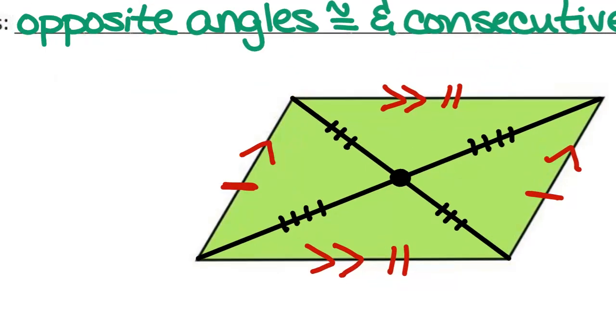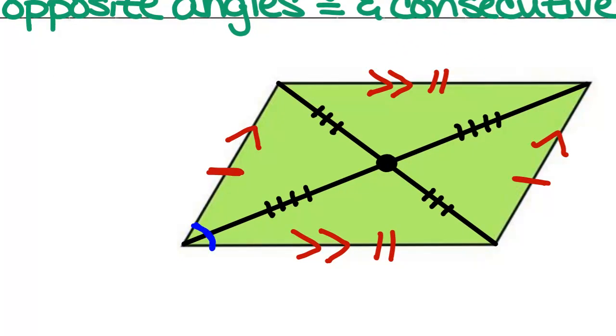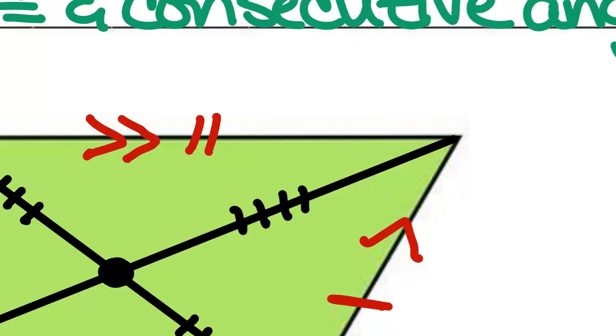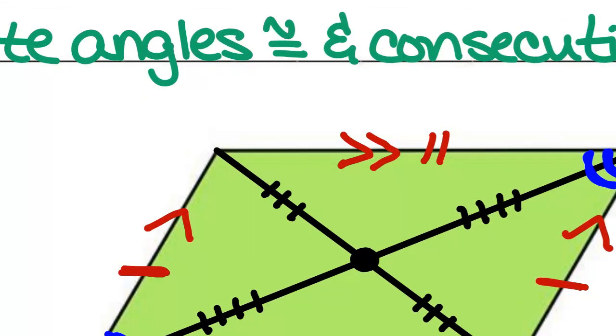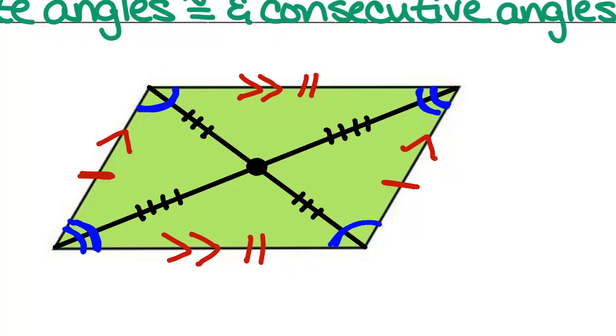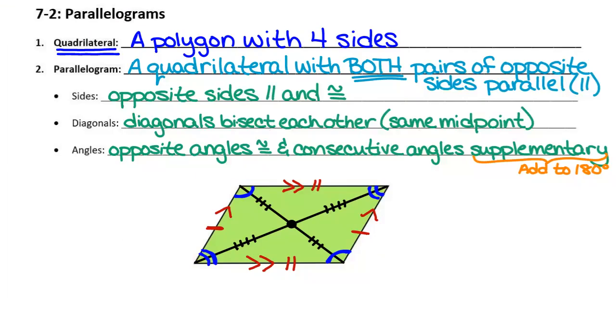The diagonals are bisecting each other. And then opposite angles are congruent, so lower left and upper right angle are congruent. Upper left and lower right angle are congruent. And I don't have any way that I can mark the supplementary on there, so you will just have to work on remembering that piece.